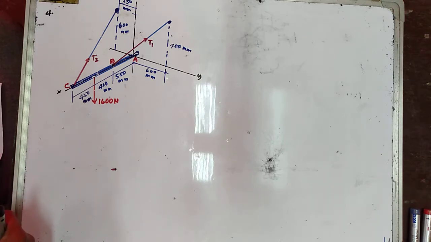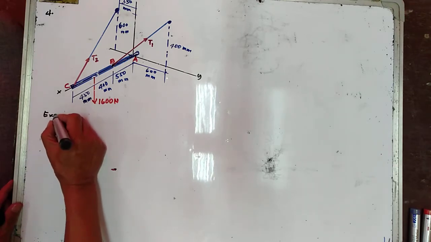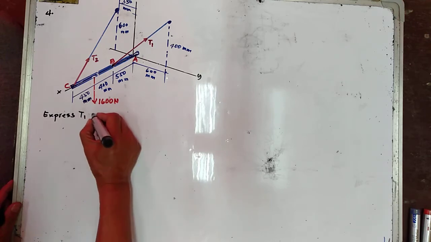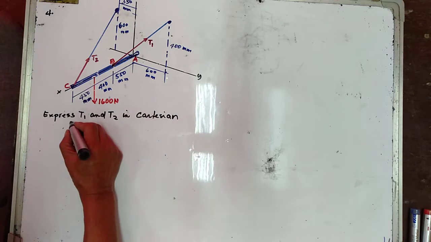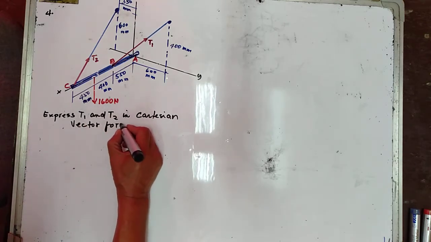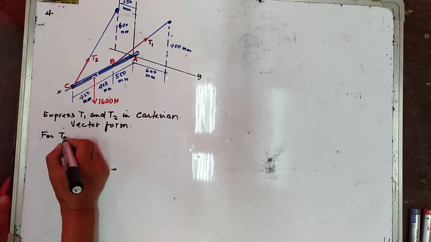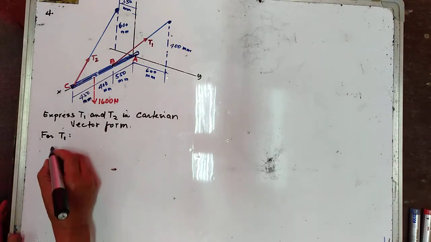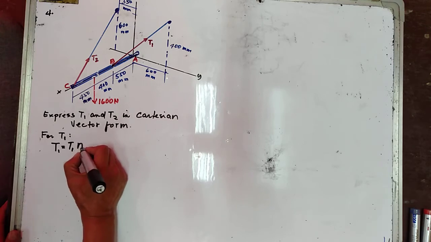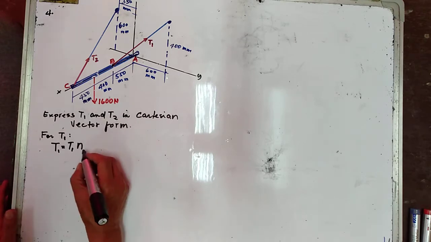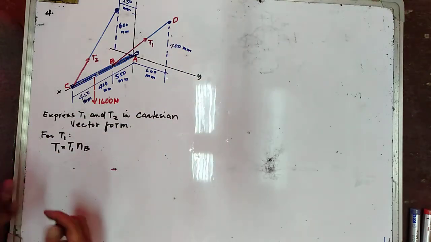So, for T1, in Cartesian vector form, T1 is equal to the magnitude of T1 multiplied by a unit vector in the direction BD.